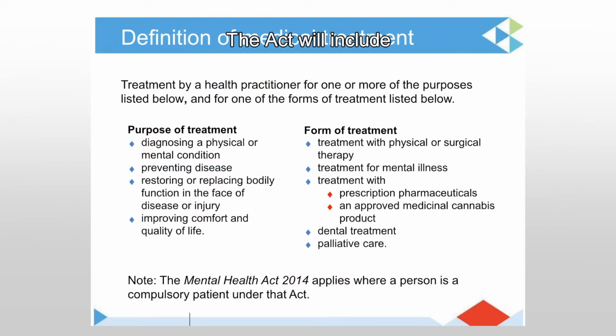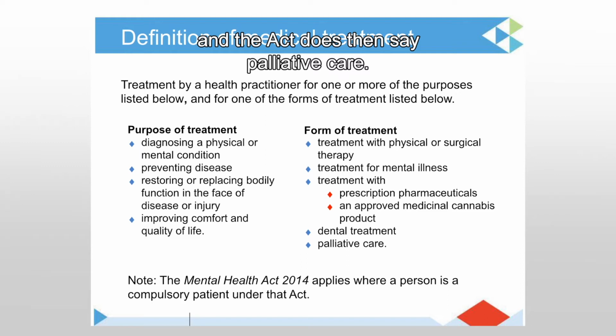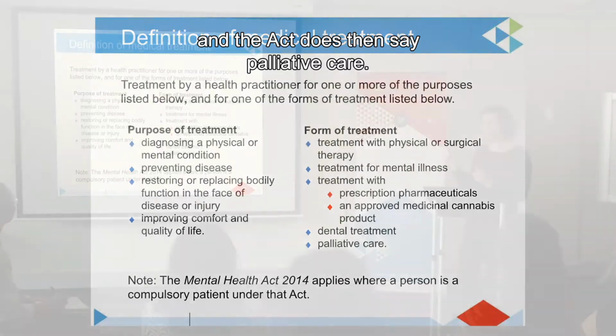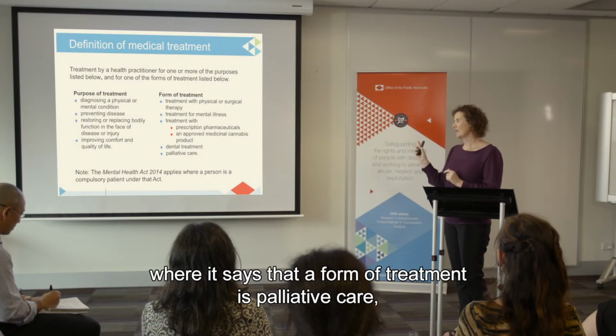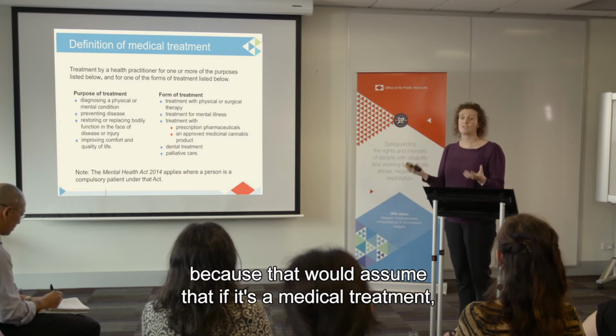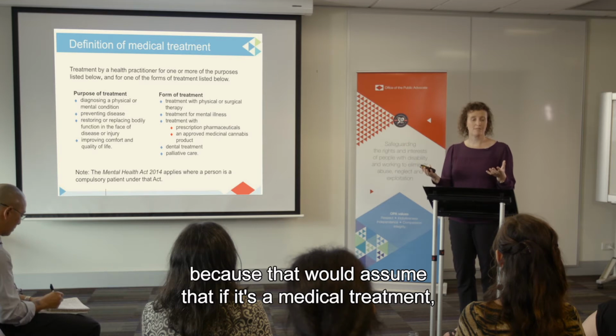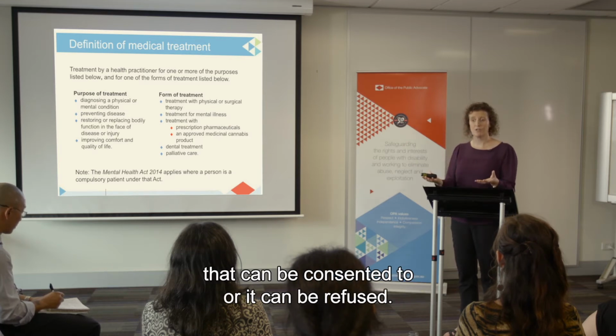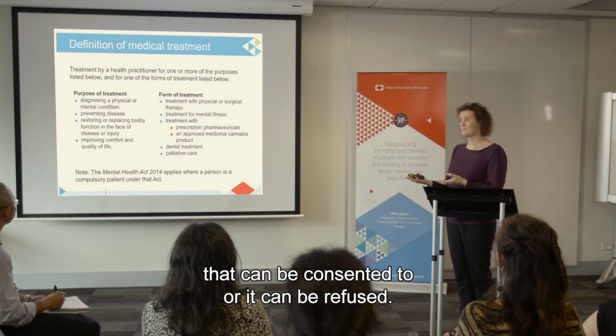The Act will include being able to make a decision about an approved medicinal cannabis product, and dental treatment, which I think has been fairly well known. And the Act does then say palliative care. That can be a little bit confusing, where it says that a form of treatment is palliative care, because that would assume that if it's a medical treatment, it can be consented to or refused.